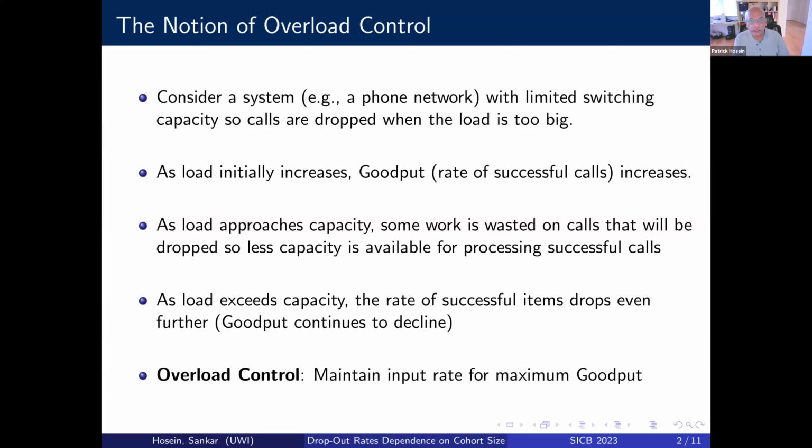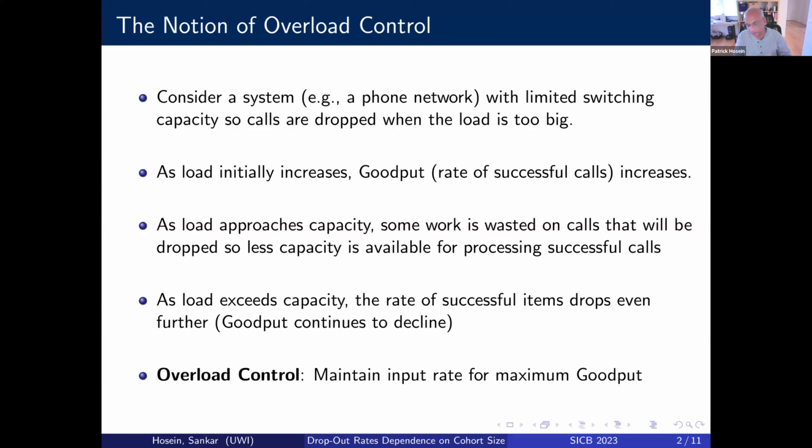So another way to look at it is to look at a telephone system, a telecommunication system. As the load increases, the goodput, or rate of successful calls, will increase because there are no dropped calls. But at some point, as the load approaches capacity, some of the work is wasted on calls that will eventually be dropped. Because of that, you can complete fewer and fewer calls because more and more work is spent on calls that will eventually be dropped.